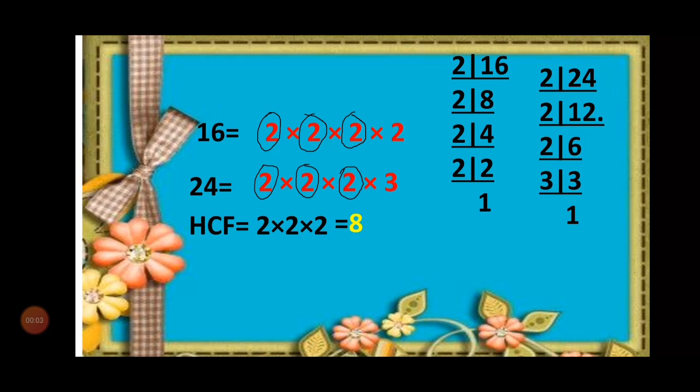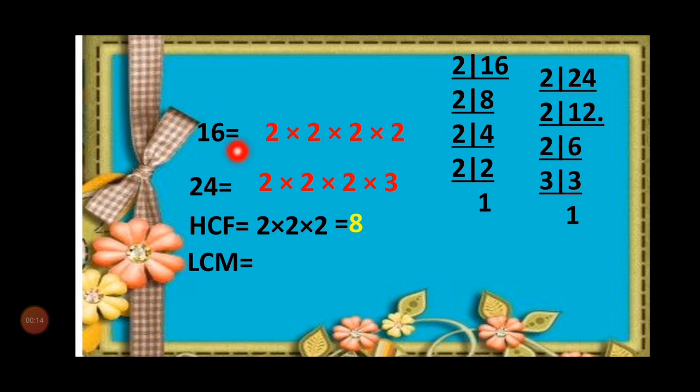Then we are going to find the LCM using the same values. I am going to explain how to find LCM. 16 equal to 2 into 2 into 2 into 2. 24 equal to 2 into 2 into 2 into 3.